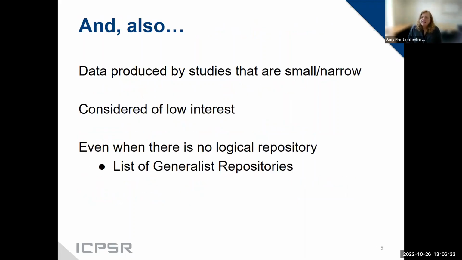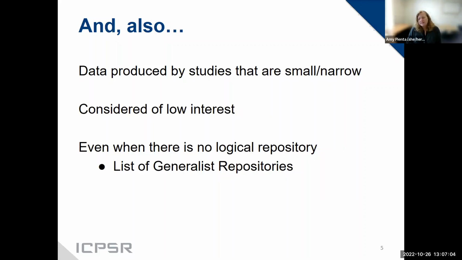This is obviously a departure from the past policies that we've been familiar with at NIH, where there was much greater latitude and flexibility that would allow research projects to not have to share their data through repositories like ICPSR. So here, a big change is that data that are produced in studies that are even small or narrow would be shared.